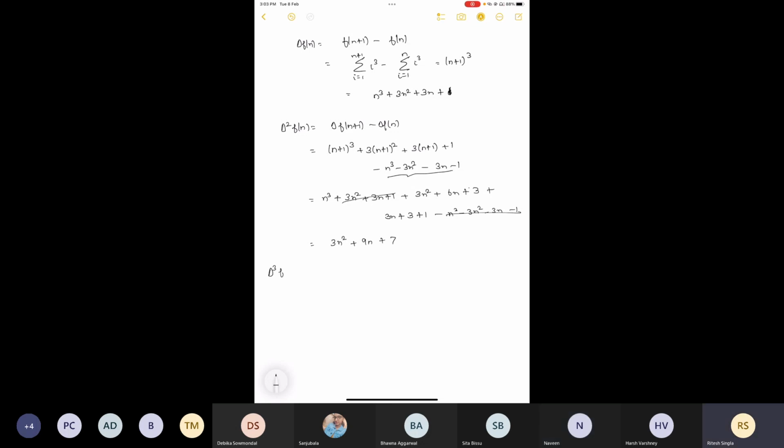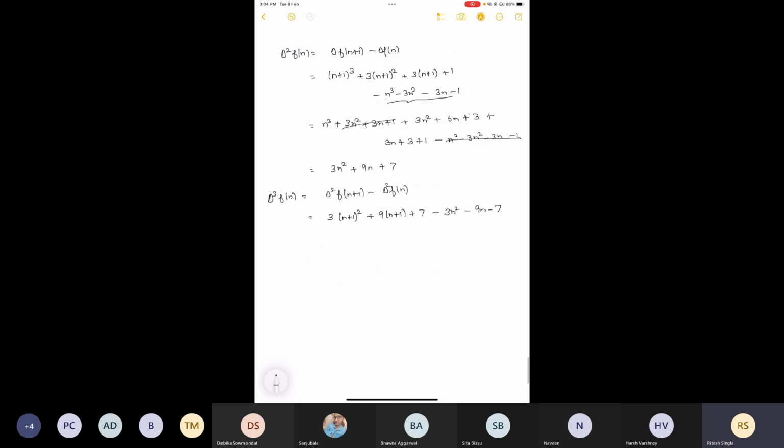Now if I find f of n plus 1 minus f of n, it will be 3 times (n plus 1) square plus 9 times (n plus 1) plus 7 minus 3n square minus 9n minus 7, which is nothing but 6n plus 3 plus 9. The rest will be cancelled, which is nothing but 6n plus 12, right?